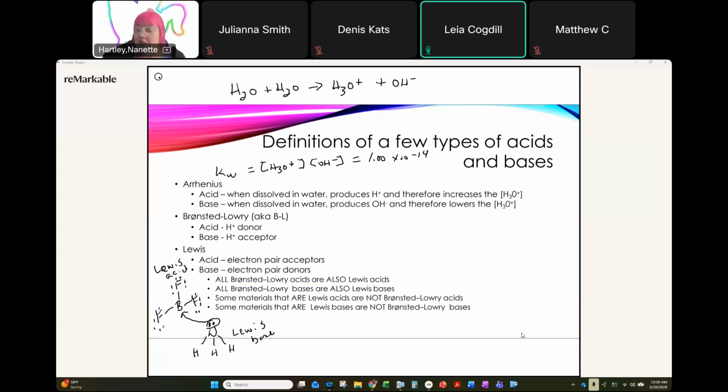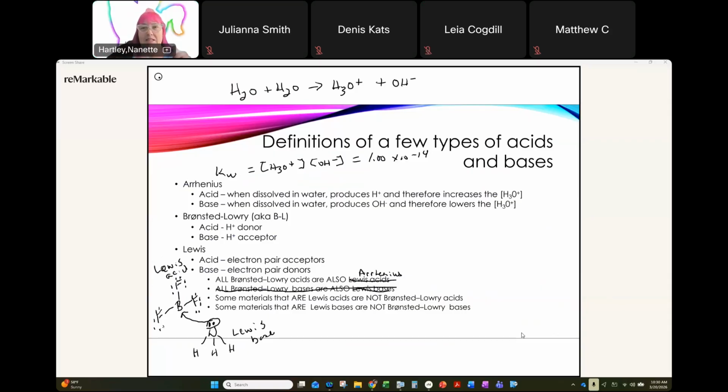At the bottom, it says all Bronsted-Lowry acids are also Lewis acids or bases. That shouldn't say that. That should say Arrhenius. And actually, this is not true at all. I'll fix that. So my slide is wrong. That is true. Okay, thank you.